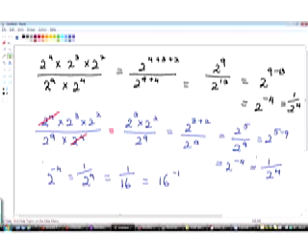The 2 laws were a to the power m multiplied by a to the power n equals a to the power m plus n, and the other law that we applied was a to the power m minus n, which came from a to the power m divided by a to the power n.